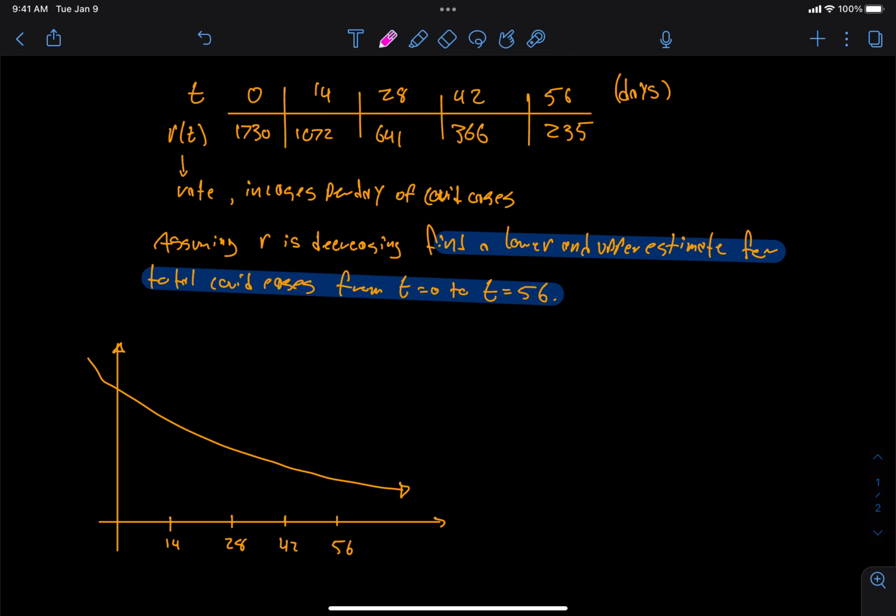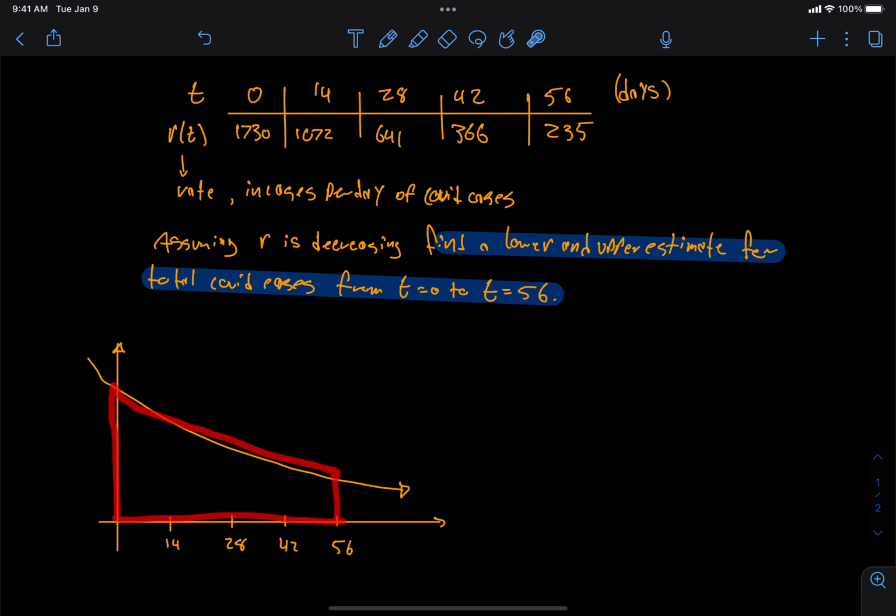Since this height represents the rate at which something changes, we learned in class that the area under a rate curve will give us the total change in that quantity, right? In other words, the total number of COVID cases from T equals 0 to T equals 56 is represented by the area under this curve, which is shown in red. And it tells us to estimate this area.